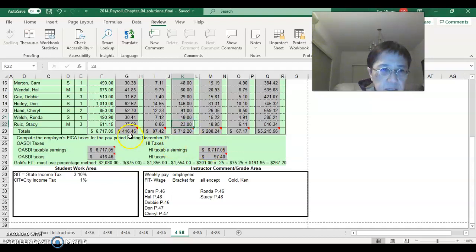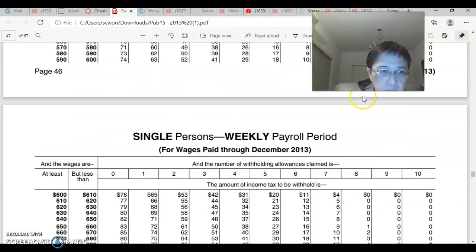And Stacy is married with 3 withholding allowances. So Stacy is on page 48.